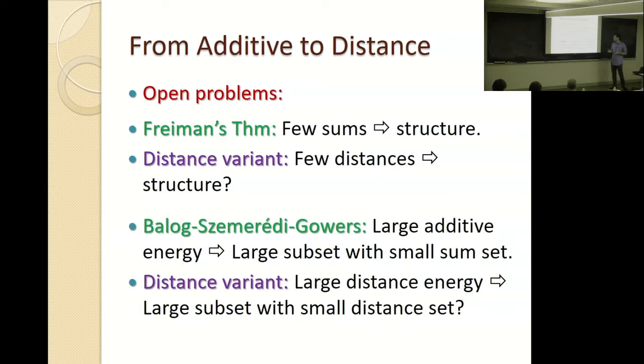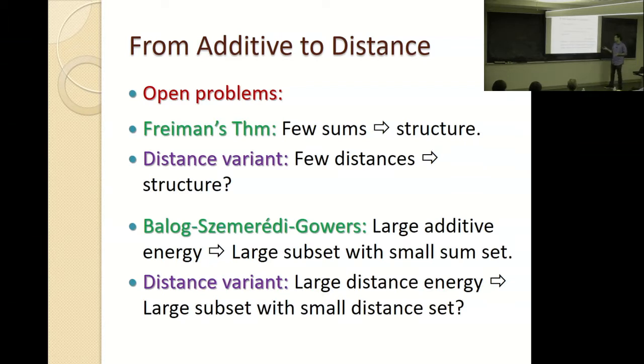Similarly, Balog-Szemerédi-Gowers. The variant I presented was that large additive energy means a large subset with structure, right? And you can ask what would be a distance variant of Balog-Szemerédi-Gowers. So you can say maybe it would be that large distance energy means a large subset with a lot of structure, right?